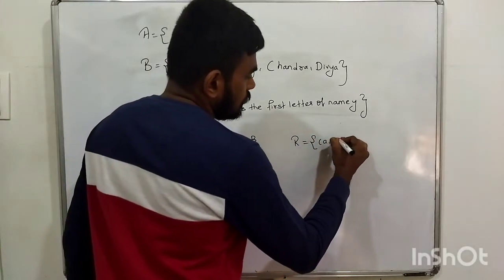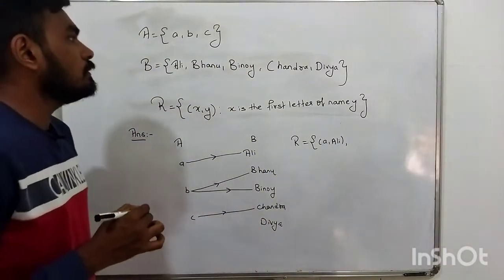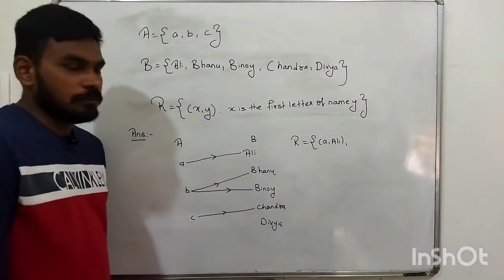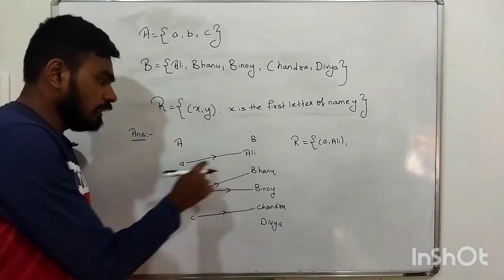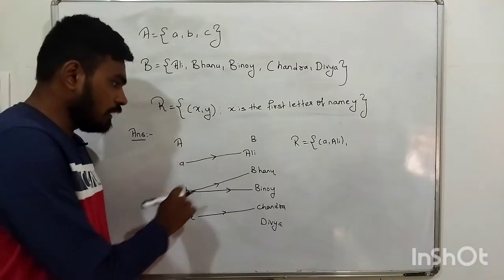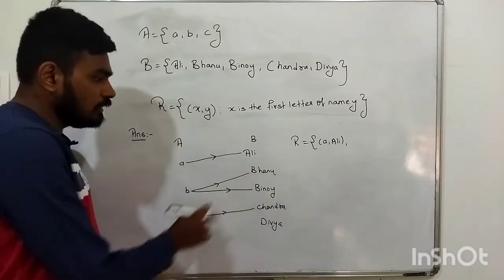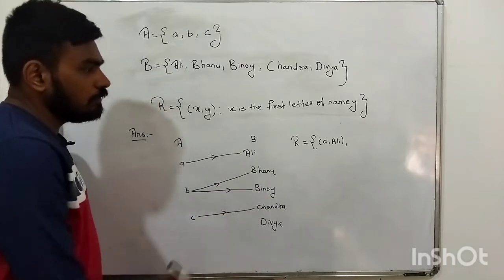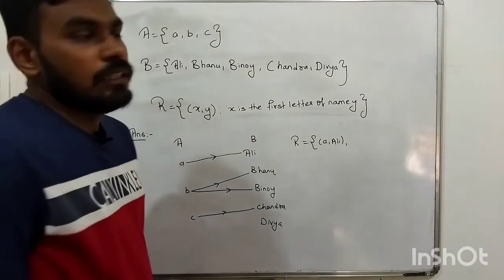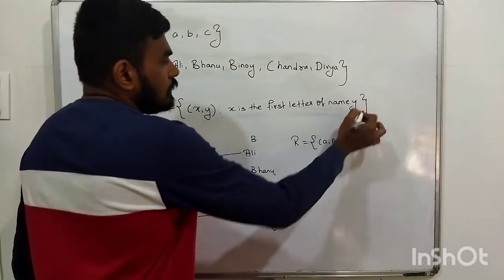Now what is the difference between the Cartesian product and this relation? In the Cartesian product, we used to write all the possible pairs: a Ali, a Bhanu, a Binoy, a Chandra, a Divya, then b Ali, b Bhanu, b Binoy, b Chandra, b Divya, then c Ali, c Bhanu, c Binoy, c Chandra, c Divya, if you asked for A cross B. But here we write only those pairs which satisfy this relation.